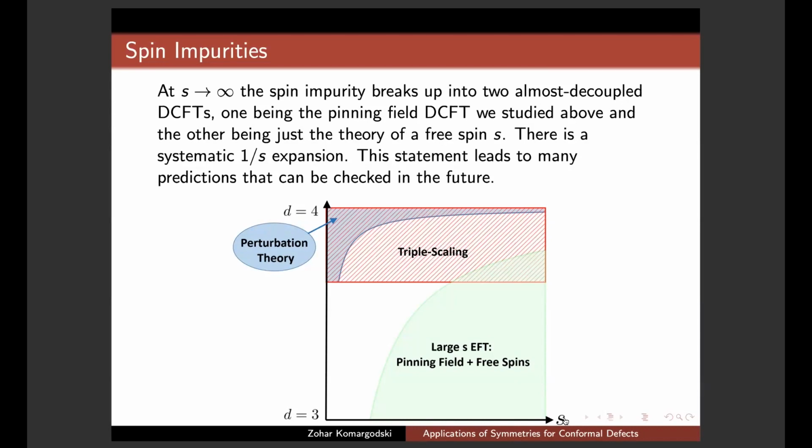People invented an expansion in 1/the spin. That's what we did in one of our papers. Also, people did some epsilon expansions before. And indeed, the combination of the two methods suggests that S equals a half is not screened, and it's a conformal defect with some properties that we can estimate.